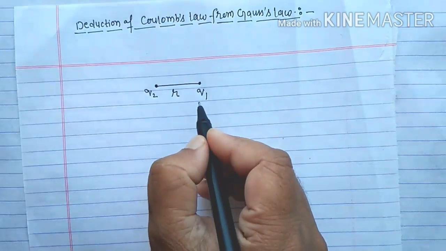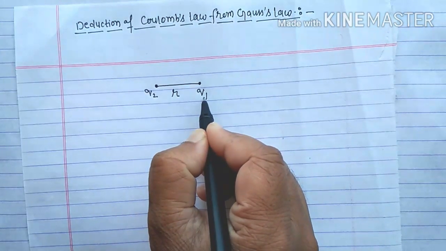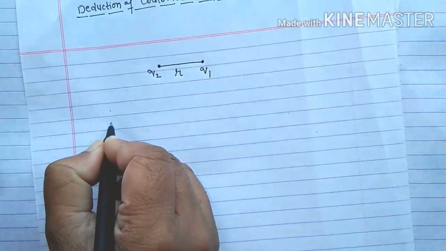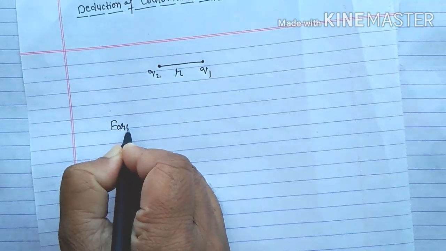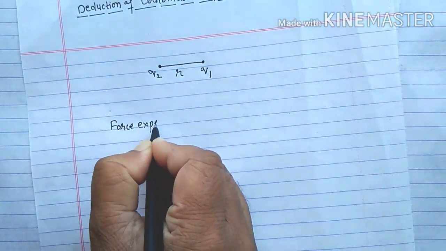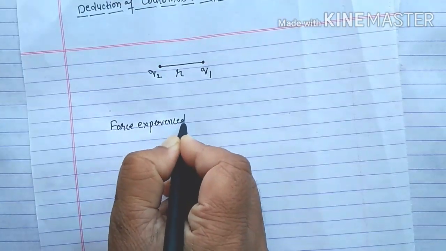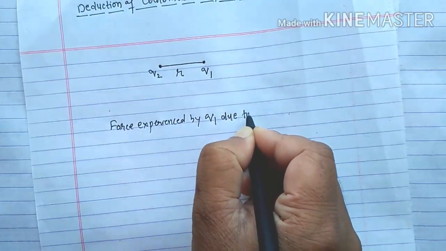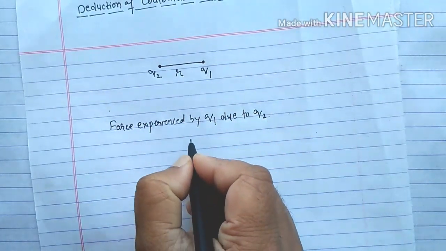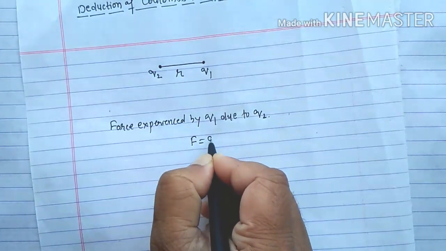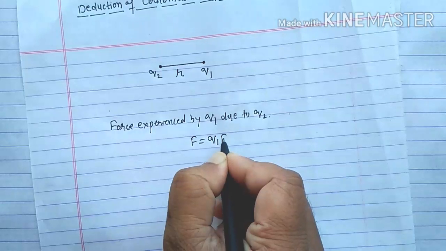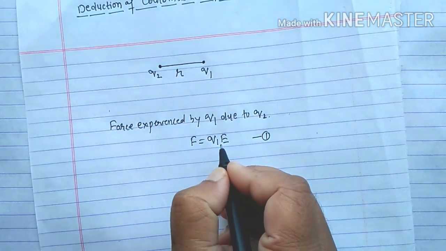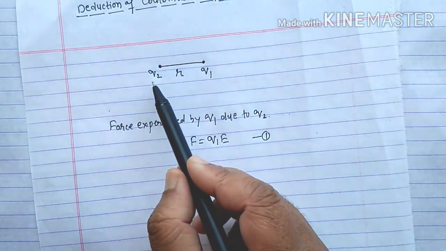Therefore, force experienced by Q1 due to Q2 will be equal to F is equal to Q1 into E. Equation number 1. What is E here? E is electric field produced by this charge plus Q2.